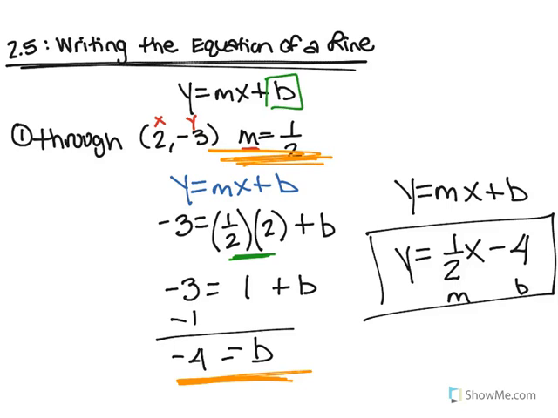Let's look at another one. Let's write the equation of a line that's going to go through a random point, 1, 3, but has a slope of -2.